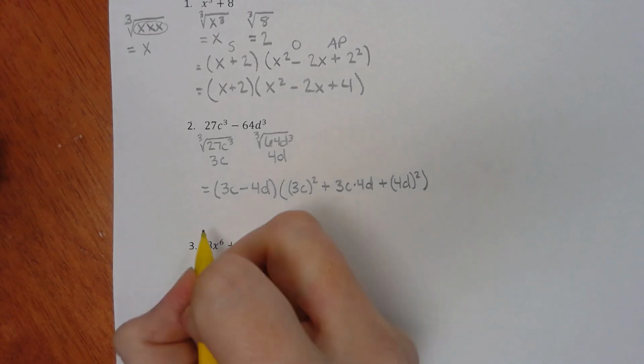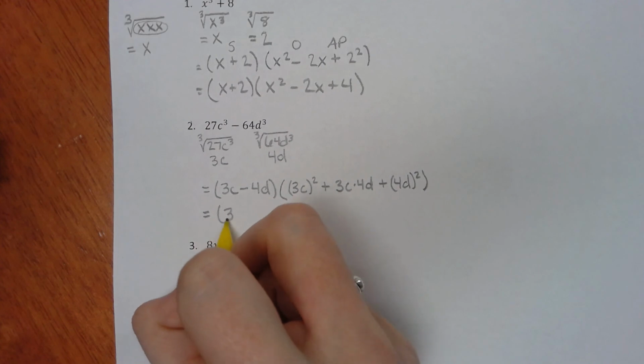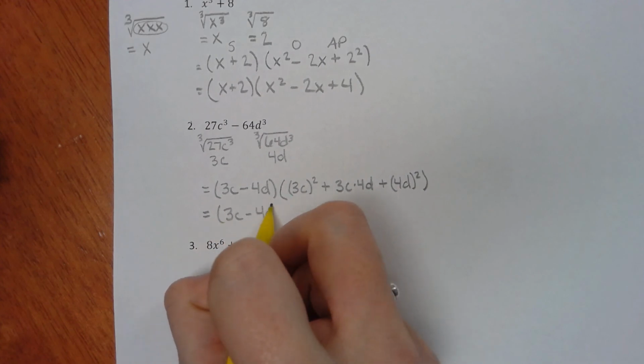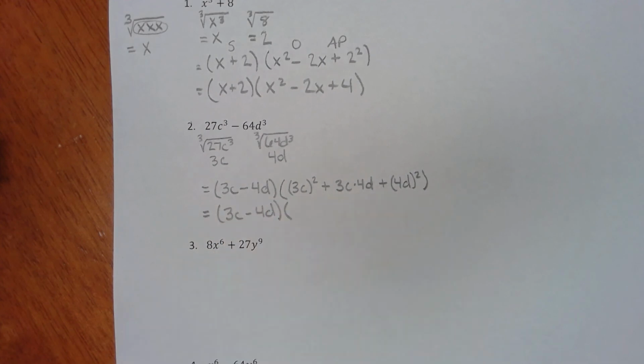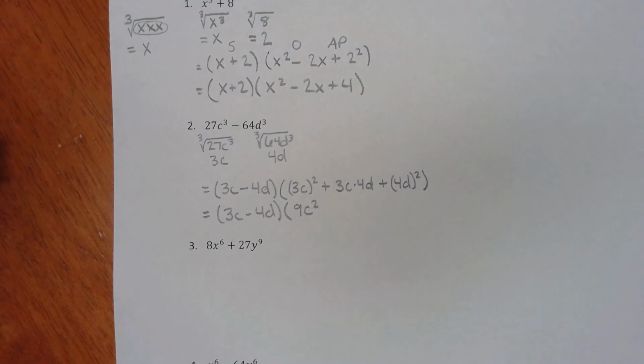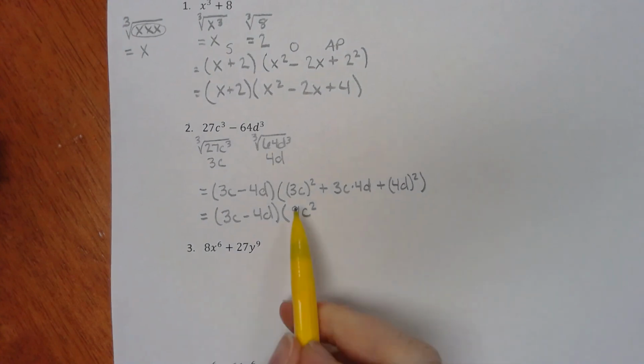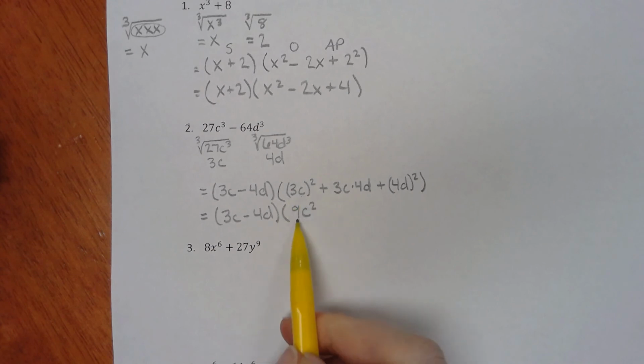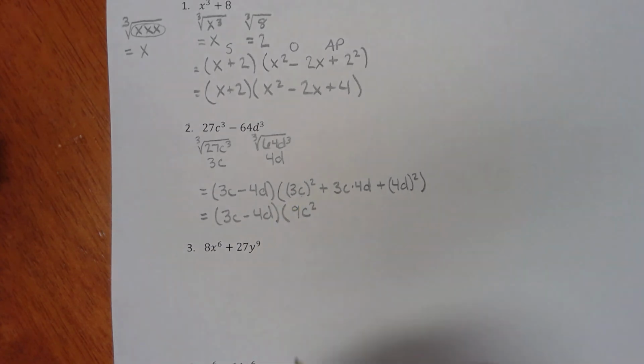So let's simplify this. We have 3c minus 4d for our first factored parentheses. 3 squared gives us 9, and c squared is c squared. Of course, using those exponent properties, each of those factors, 3 and c, both get squared.